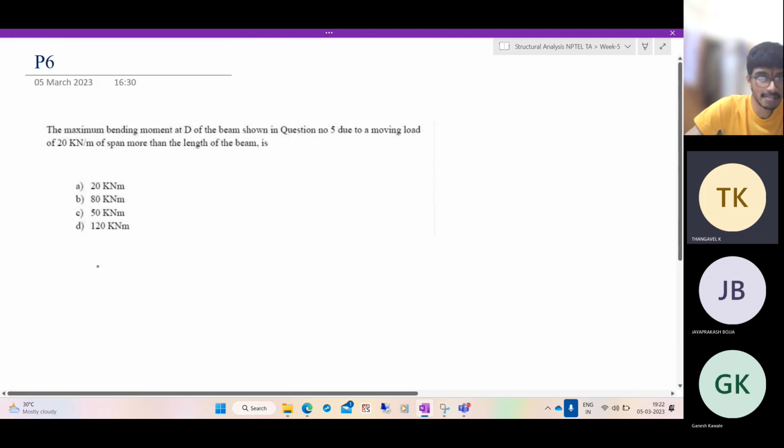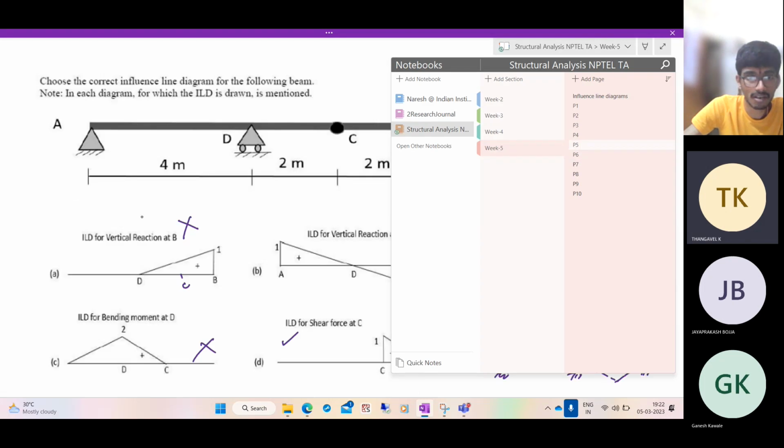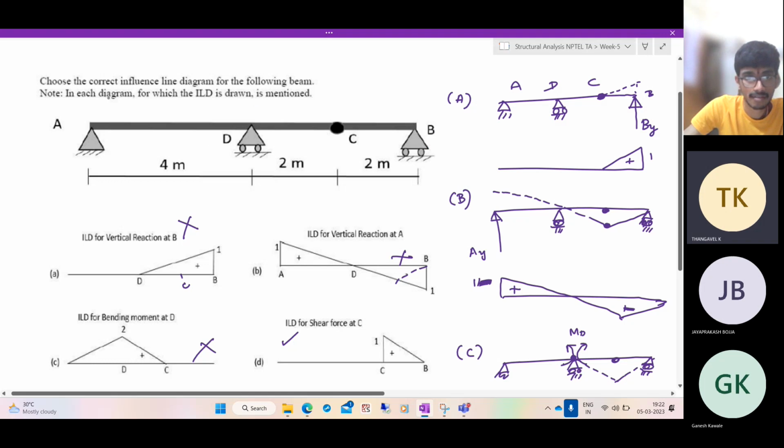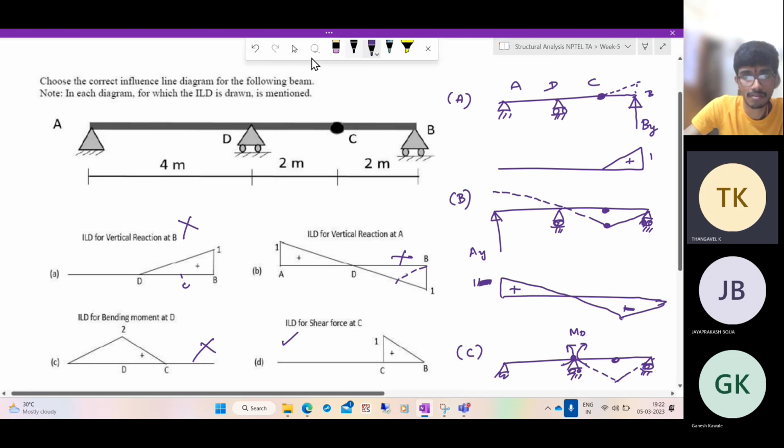Now they're asking the maximum bending moment at point D of the beam shown in question number 5. So let's go to the previous page and let me copy the ILD for the bending moment. Okay. So this is the question. This is the beam.